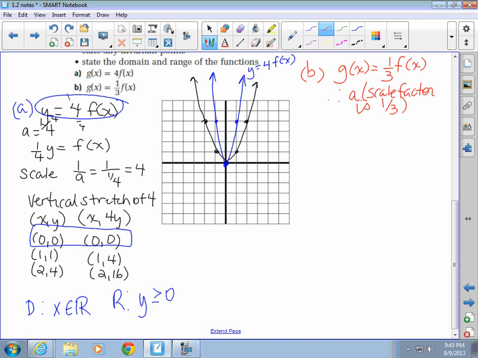So that means because it's that fractional value, we can call it either a horizontal compression, where we're squeezing it down closer towards the horizon or the x-axis, or you could think of it as a vertical expansion where we're widening it away from the y-axis.